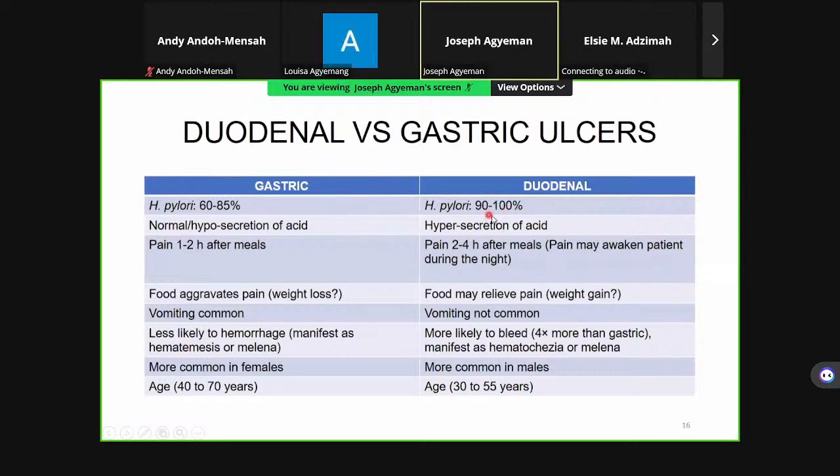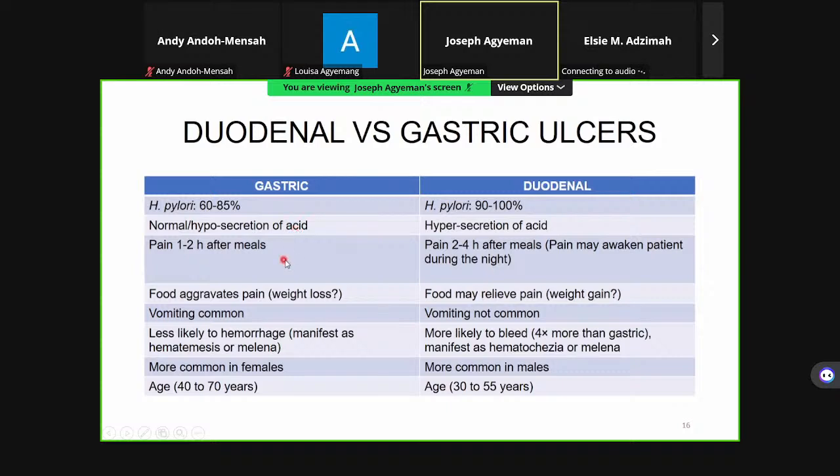So almost 90 to 100% in duodenal ulcers, you get H. pylori around. Gastric, a relatively lower rate of H. pylori infection, 60 to 85%. In duodenal ulcers, you realize that you have hyperacid secretions, whilst in gastric ulcer, there may even be hypoacid secretion.